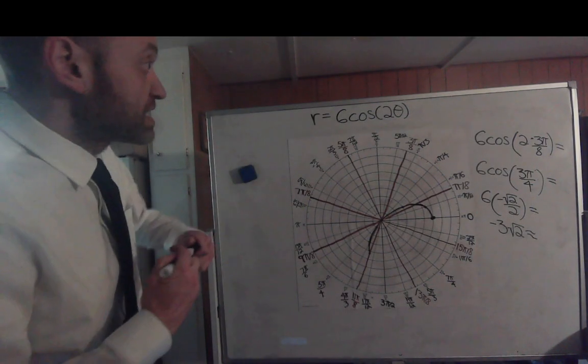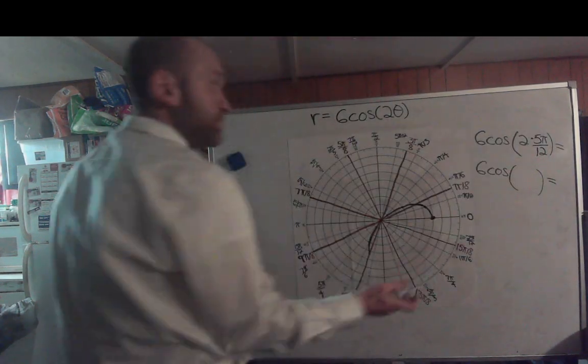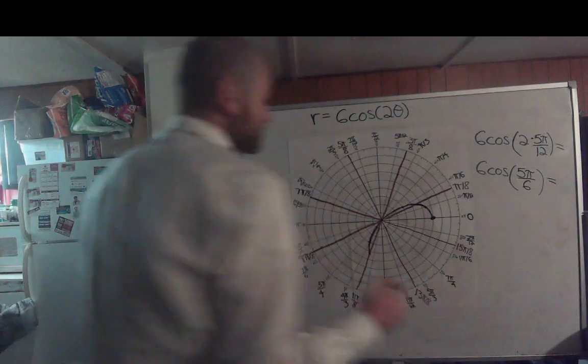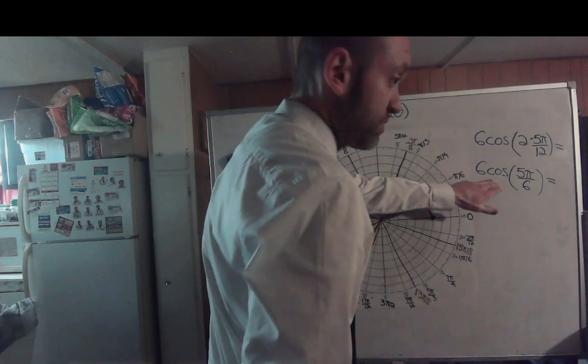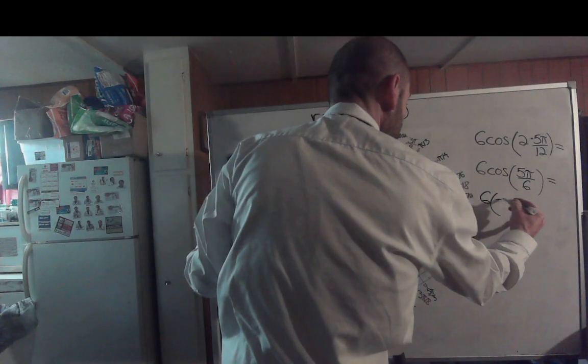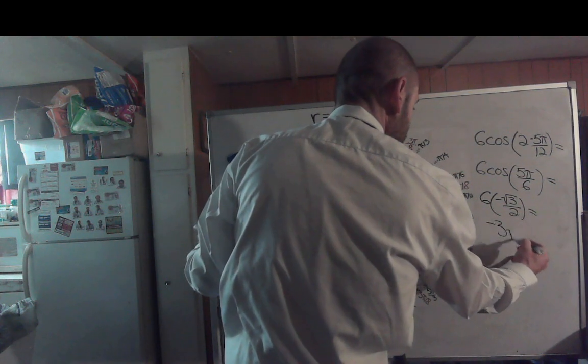And then the next special angle is going to end up being 5 pi over 12. Six times the cosine of 2 times 5 pi over 12. 2 times 5 pi over 12 turns into 5 pi over 6. So, okay, 6 times the cosine of 5 pi over 6, that's going to be 6 times negative square root of 3 over 2, which would give me negative 3 times the square root of 3.